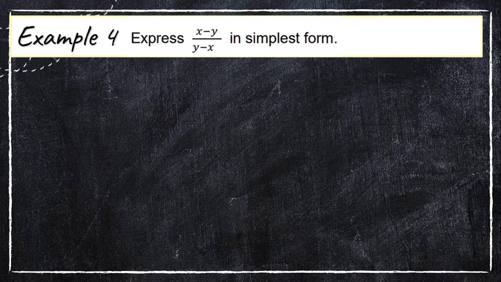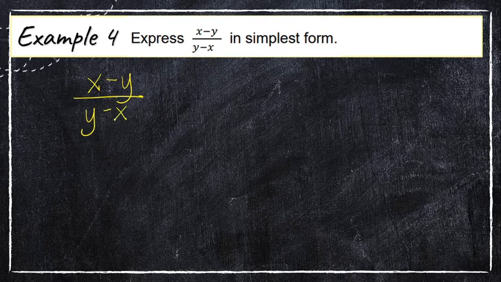Example 4, express x minus y over y minus x in simplest form. If you're going to notice, we have here a given that is almost the same. So if this is the case, we're just going to multiply one of the numerator or the denominator by -1 to make it similar.